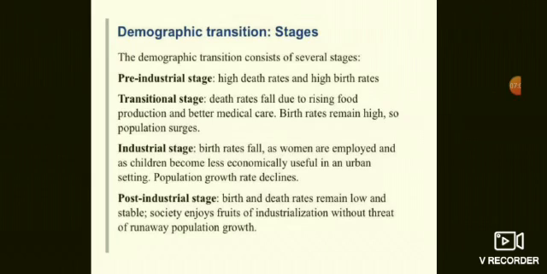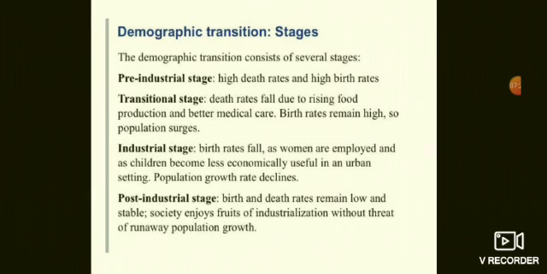So we can say the demographic transition involves four stages. One is high birth rate but fluctuating death rate. Second is continued high birth rate but declining death rate. Third is declining birth rate and death rate. And the last one is low death rate but fluctuating birth rate.